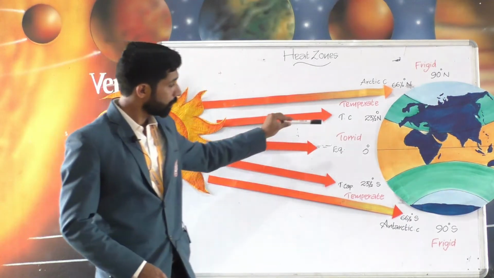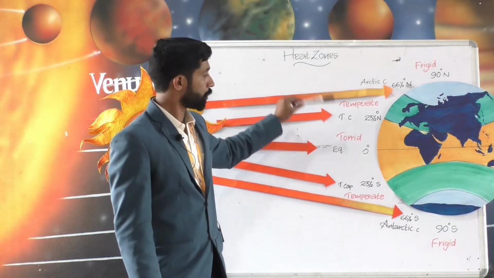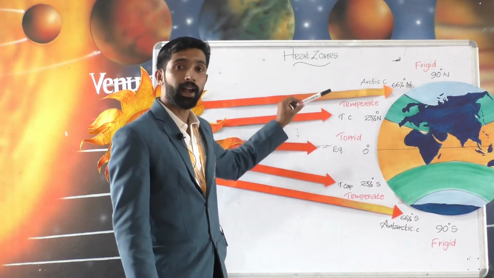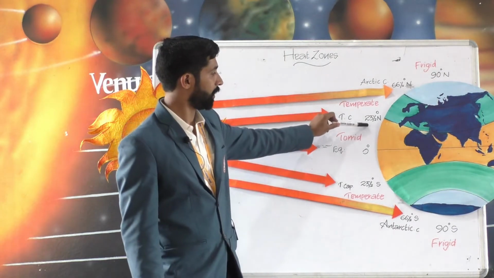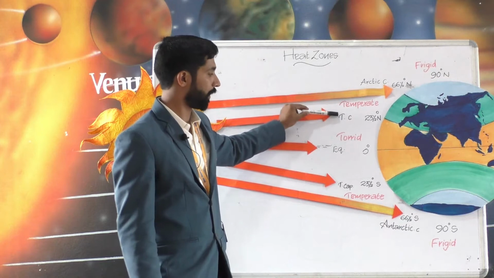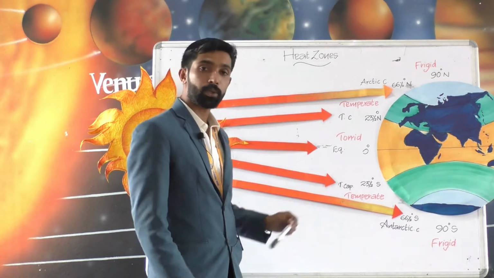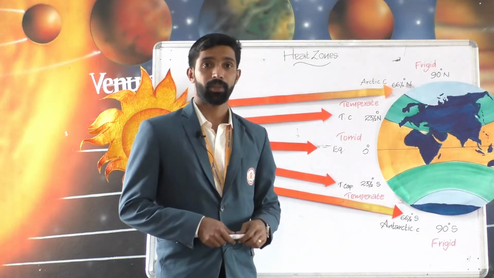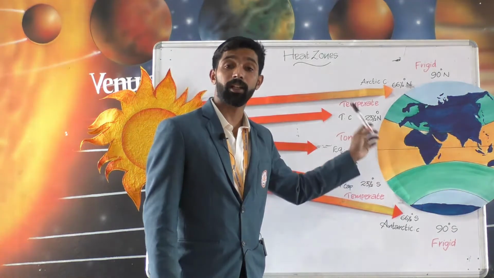Now let us discuss the torrid zone. This zone lies between the Tropic of Cancer and the Tropic of Capricorn, 23.5 degree north, that is the Tropic of Cancer, and 23.5 degrees south, that is the Tropic of Capricorn, and is also known as the tropical zone.